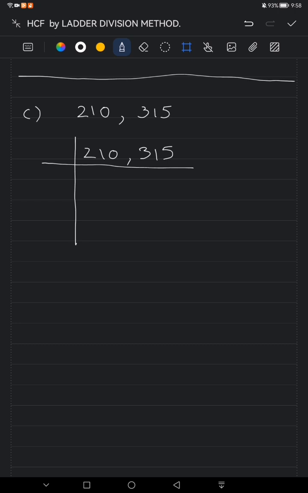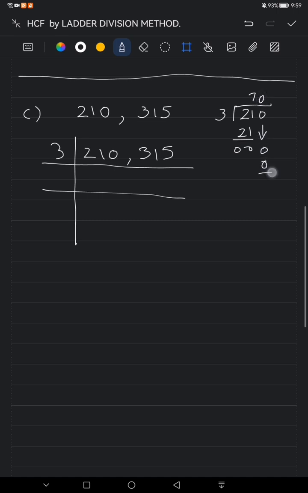Let's see if it is a common prime factor of these two or not. Let's divide them over here by 3. 3 times 7 is 21. The 0 will come down. 3 times 0 is 0. So 210 is divisible by 3. It makes it 70. 3 times 70 is 210.